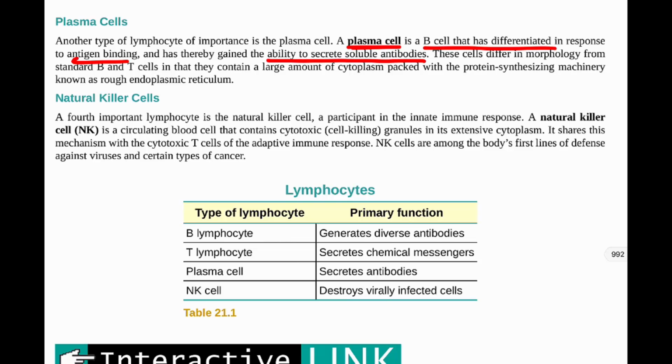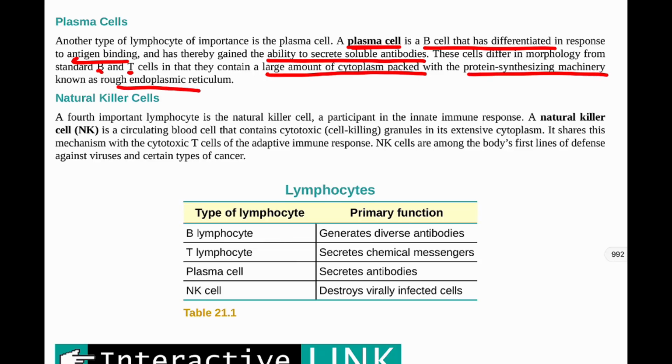It connects to the antigen, differentiates, then secretes more antibodies to send out to attach to other pathogens. They differ in morphology from our standard B and T cells, and they contain a large amount of cytoplasm packed with protein synthesizing machinery, so our rough endoplasmic reticulum.